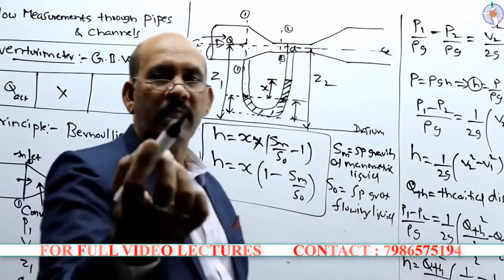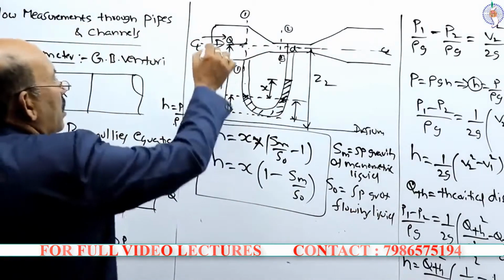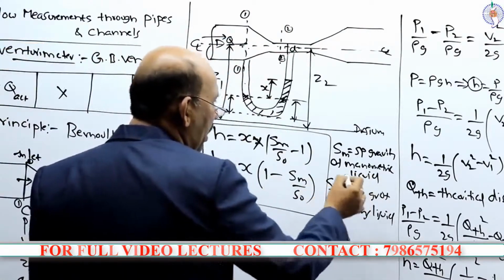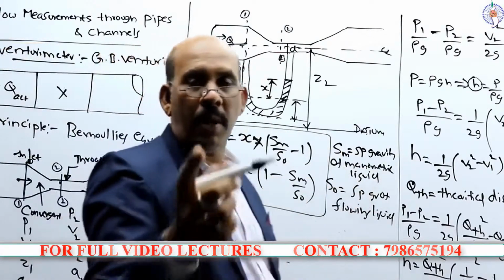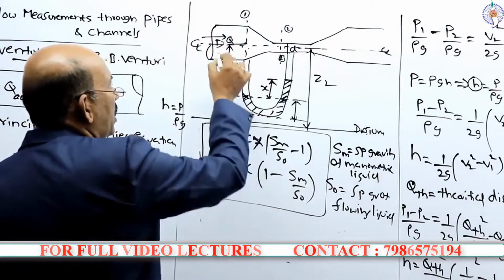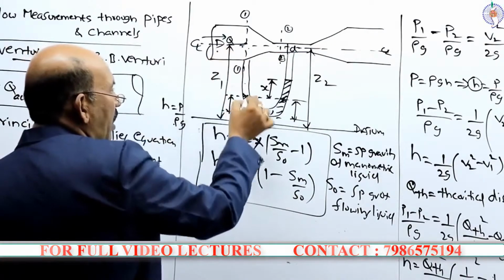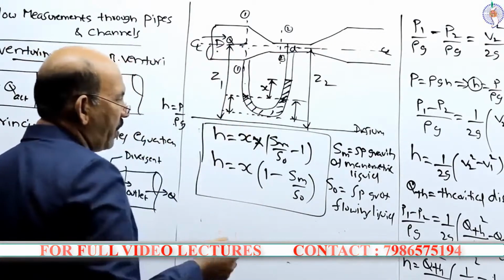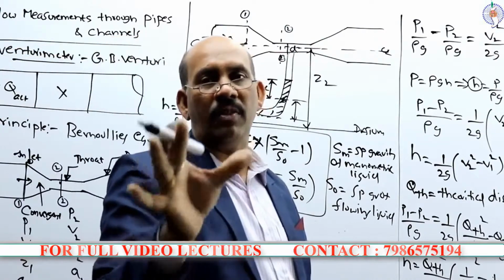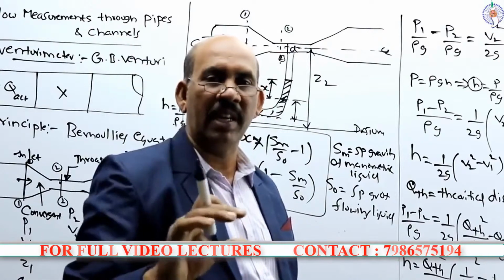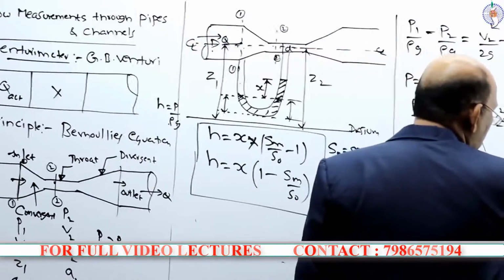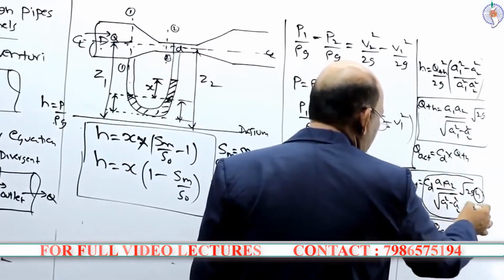That means the liquid which is flowing through this Venturi meter, if it is a lighter liquid when compared to the manometric liquid, you use this value of H, and if it is a heavier liquid, you use the other equation. So knowing just the value of H, the differential pressure head or Venturi head, we can use it in this equation, where all the other terms are constants.